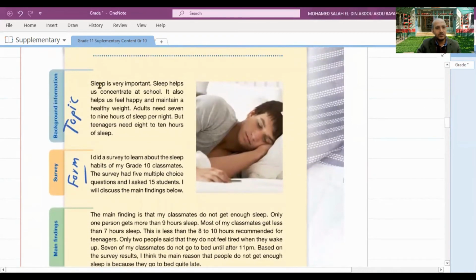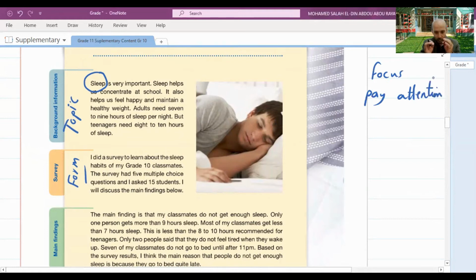Here he talks about sleep, so this is the main topic. Sleep is very important. Why? Because sleep helps us concentrate, pay attention, focus. So concentrate means focus, pay attention.